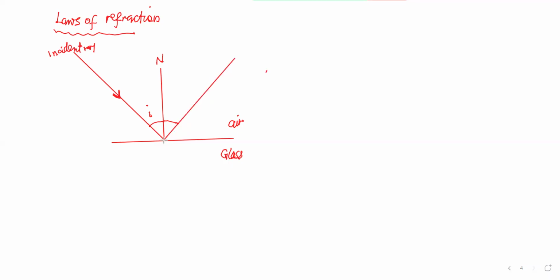That is what happens whenever light is incident on a transparent material. Part of it will be reflected, but it will be weaker. So this is a weaker reflected ray.